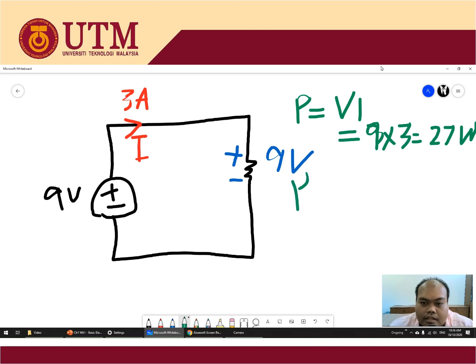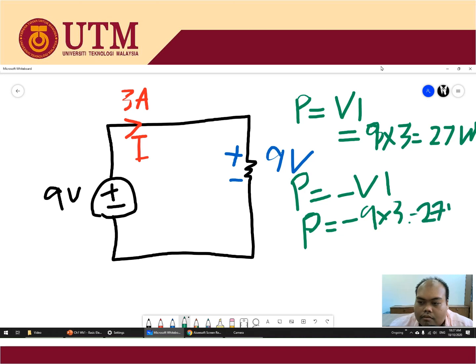You have to put P equals negative VI, because the current goes out from positive. This one goes into the load, so you just put it here. So P equals negative 9 multiplied by 3, which is negative 27 watt. You need to differentiate between current going into the load, which is positive, and going out of the source, which is negative. So don't forget the negative.